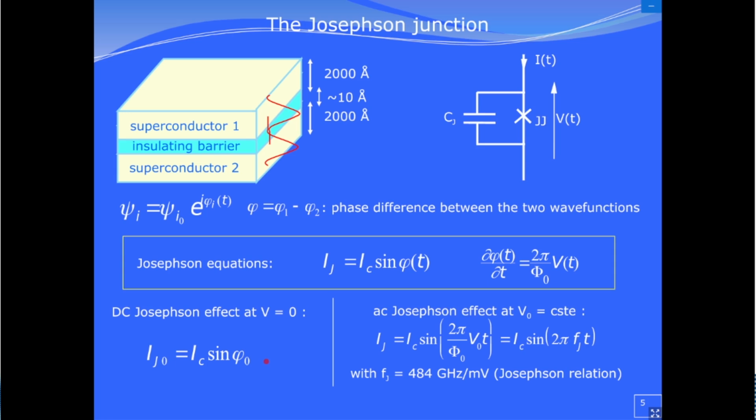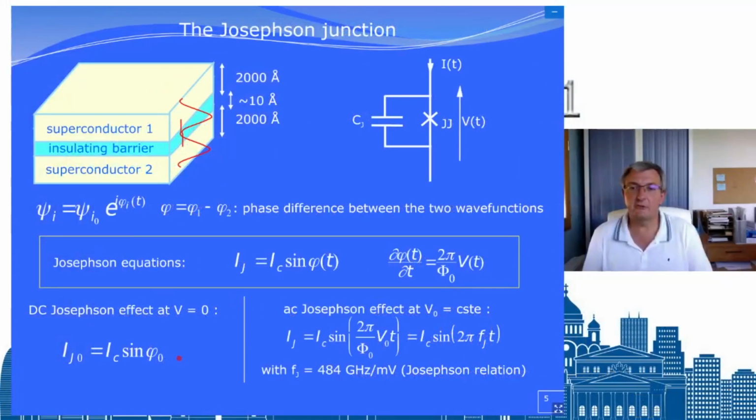And when you pass TC, everything changes behavior because of the phonon-electron interaction which appears, and you have a resulting phase, phi naught, which will fix this maximum current. You understand that the maximum current is IC. We call it the critical current, and it will fix the maximum current in the Josephson junction.